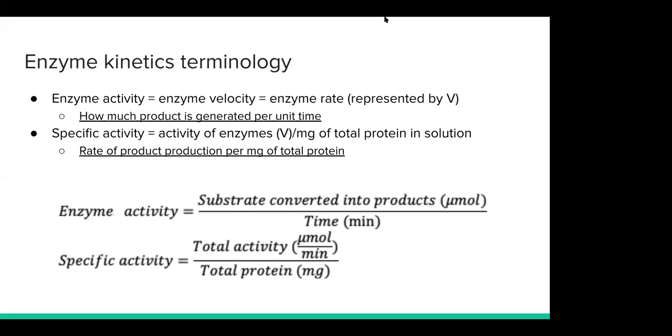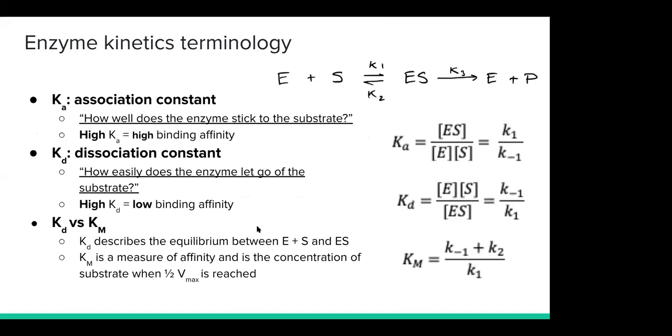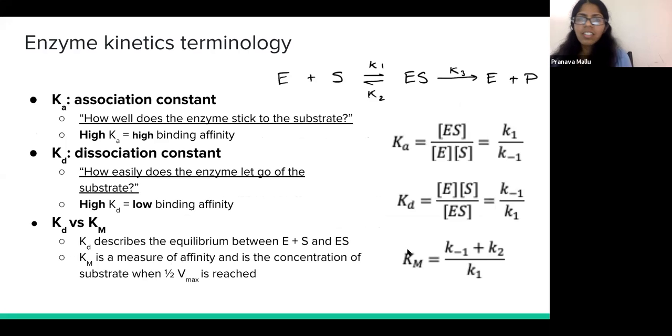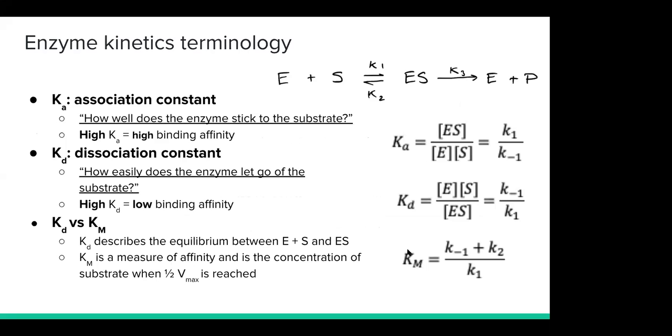Sure. If you go back to the previous slide. The equations you have written at the bottom and the equation you have written at the top, you're using slightly different notation. In both, K1 is the constant we're looking at for enzyme plus substrate going to the ES complex. On the top portion, ES going back to free enzyme and free substrate is K2. But if you look at the equations on the bottom, instead of using K2, we're using K-1.